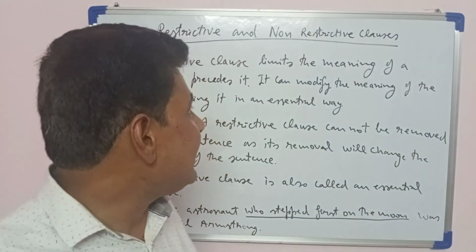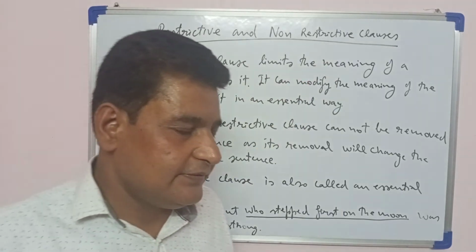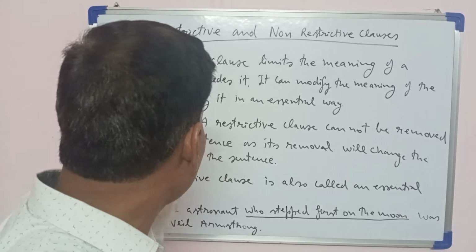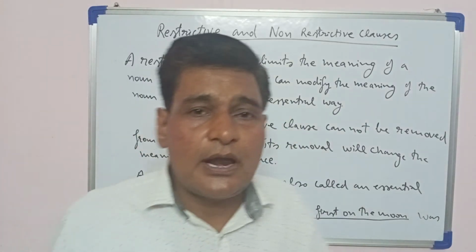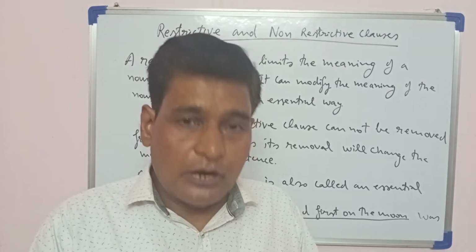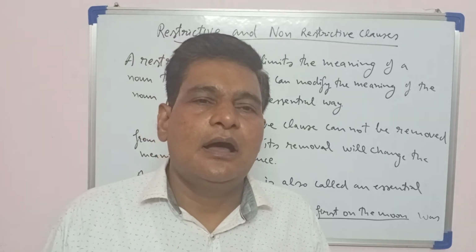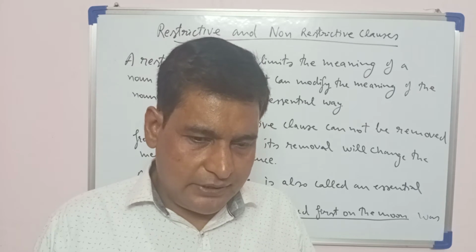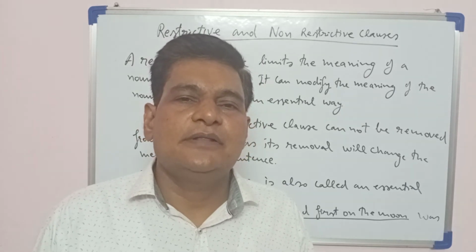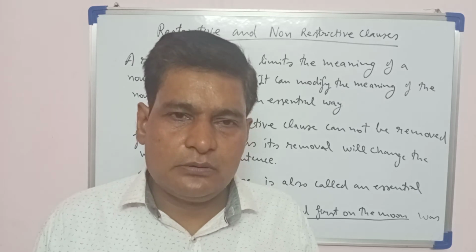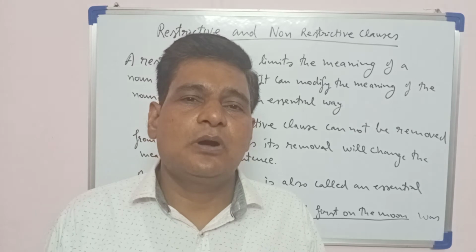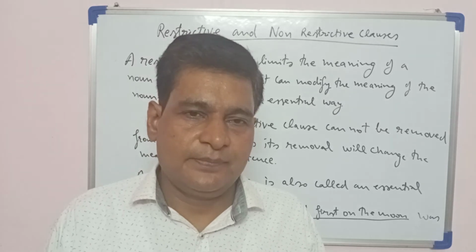Now we will understand the non-restrictive clause. But before we proceed further, let's have a relook. A restrictive clause limits the meaning of a noun that precedes it. It can relate to the subject of another clause, that's why it is also called a relative clause. And as it describes the noun that precedes it, it is also called an adjective clause.